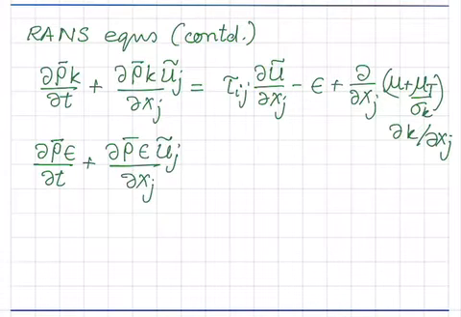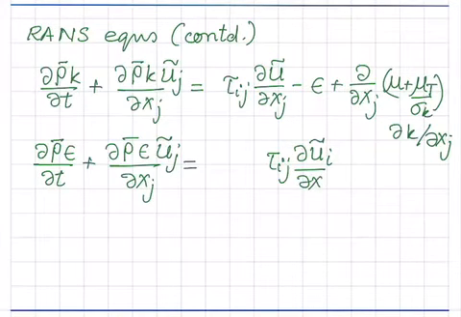The last equation is for epsilon, which again has the familiar form of unsteady and convection effects. Then comes the production term for this equation, which is similar to what we have for the k equation, but is multiplied by epsilon over k, and we place a model coefficient or model parameter C1, for which the value would be given, and you can look it up in any reference.